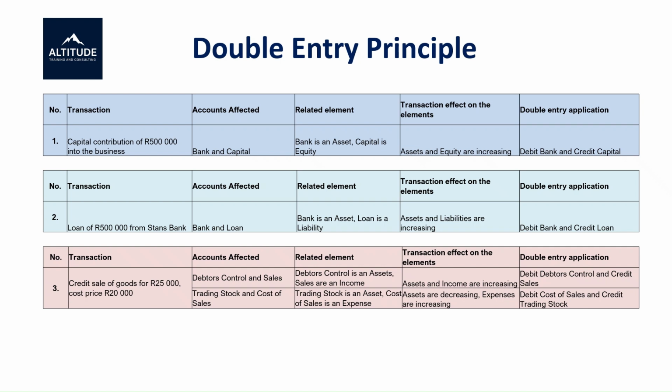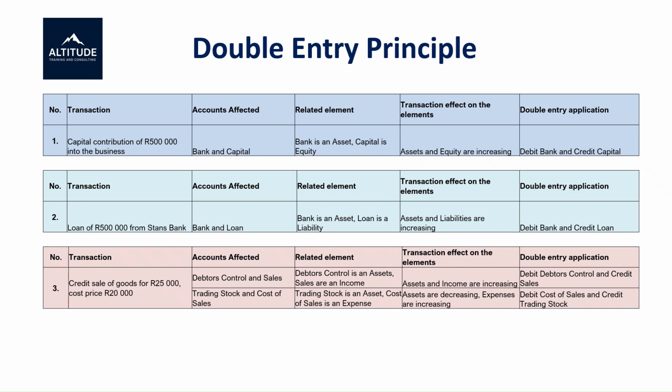The effect of this transaction on the elements of financial statements is that both assets and income are increasing. Then in applying the principle, we are going to debit debtors control because debtors control is an asset and assets increase on the debit side, and we are going to credit sales. Sales are an income and income increases on the credit side.